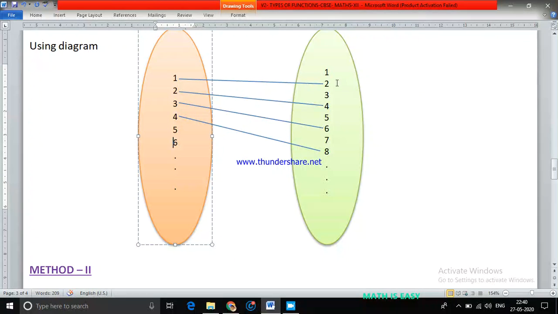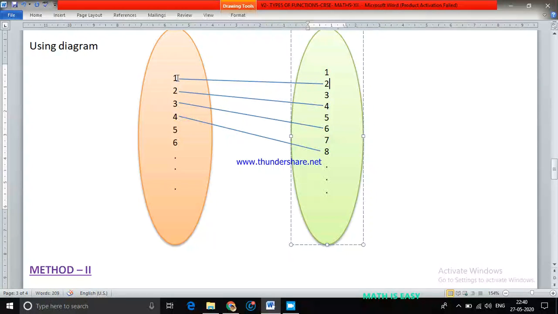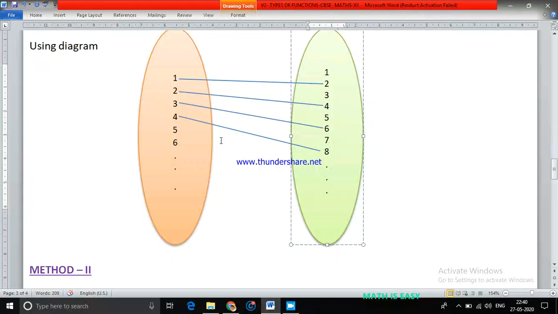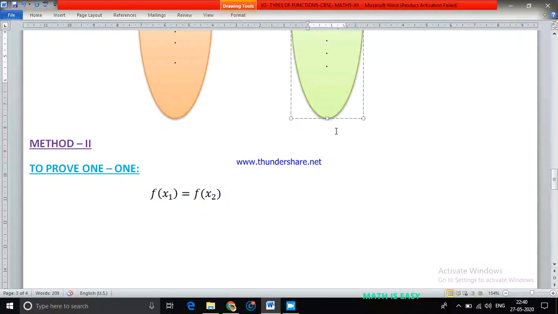If x1 is 1, then f of x1 is 2. If x2 is 2, then f of x2 is 4. If x3 is 3, then f of x3 is 6. You can say y1, y2, y3 and so on; you can use any name.